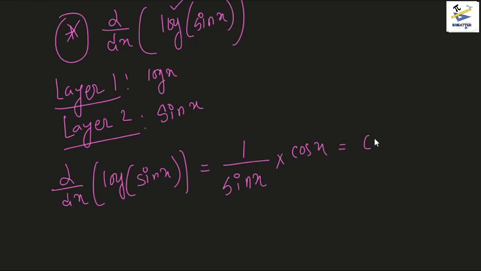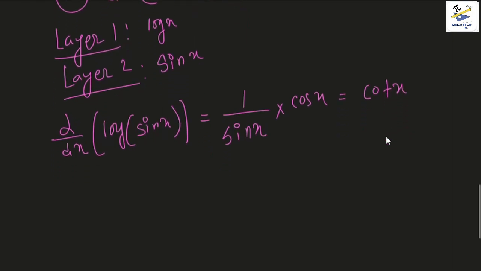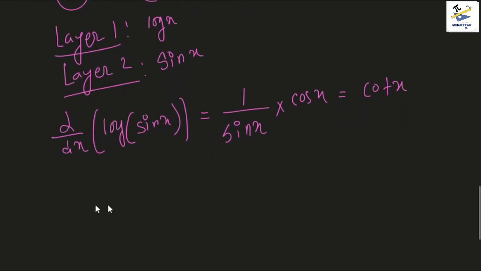And cos x by sin x is simply cot x. So you see, we have got the answer. d/dx of log sin x is just cot x. Okay, so this is not really a very hard one. Let us move to other examples.